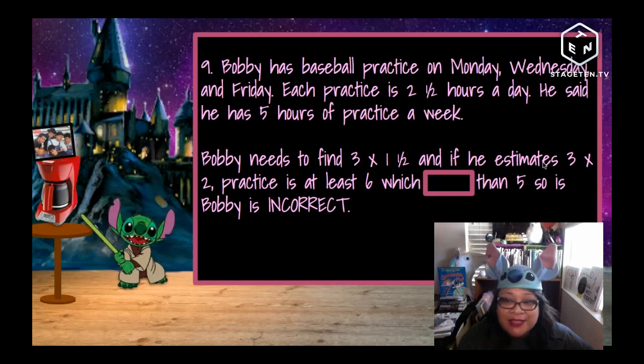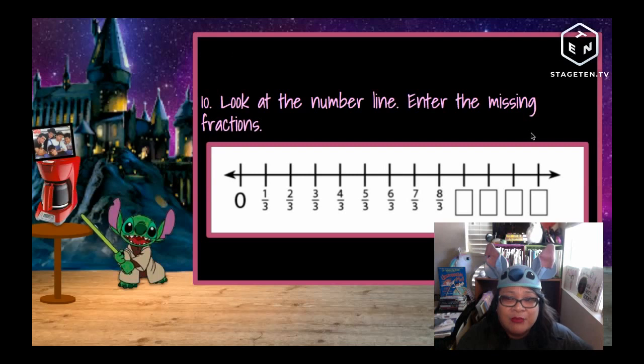But if he estimates 3 times 2, practice is at least 6 hours, which means that number is more than 5. So Bobby is incorrect. Sorry, Bobby. You'll get it next time.